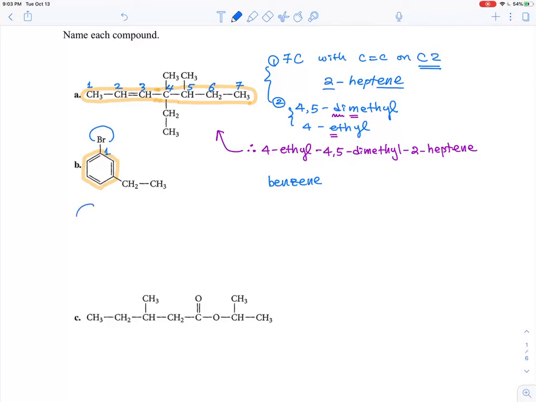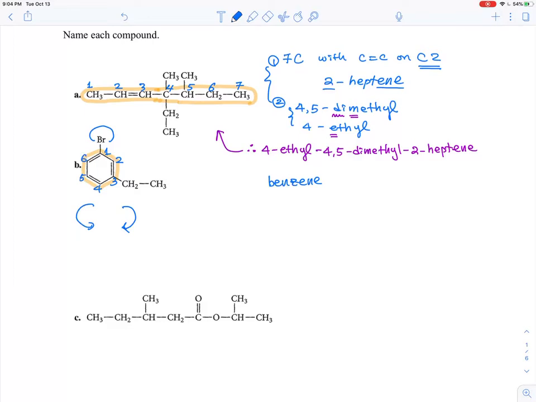We can count either clockwise or counterclockwise, but we want to minimize the numbering. So we want to count this way to have a smaller number for the location of the attachments.